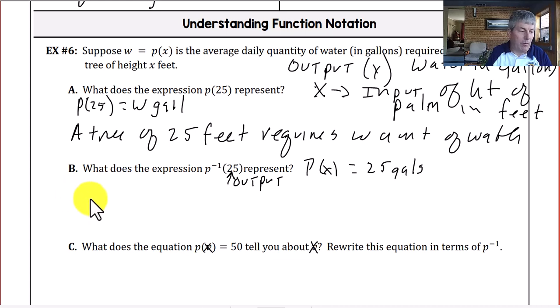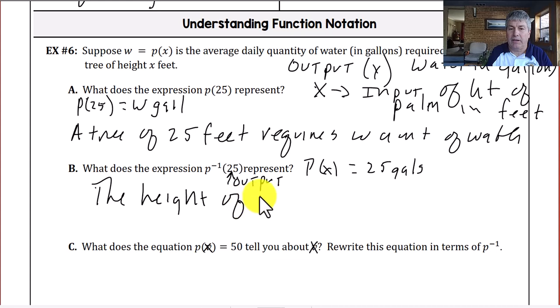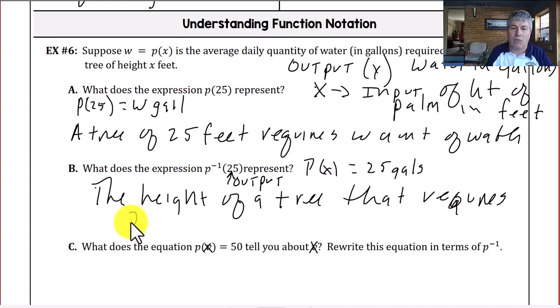So this represents our output here, or this will represent the height of a tree that requires 25 gallons of water per day.